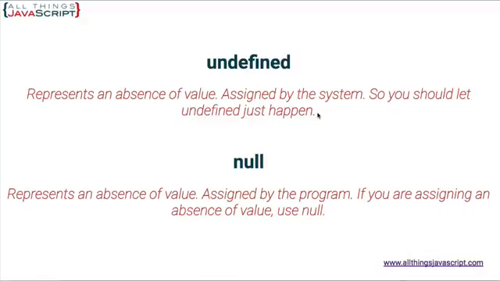Let the system assign undefined, and then you can differentiate between undefined and null, because null represents an absence of value as well. But it is assigned by the program, not by the system. So it may be assigned because of some code you wrote, and that is where null gets assigned to something.